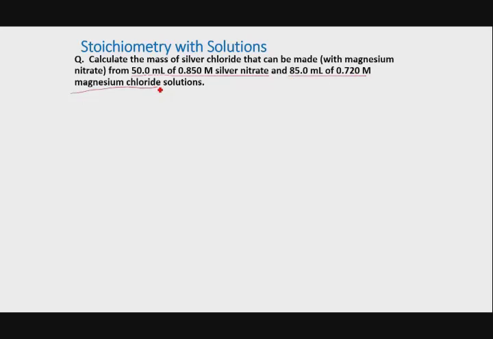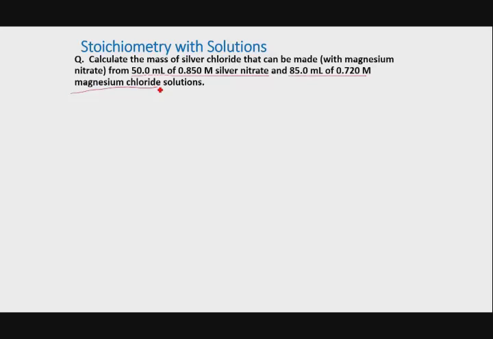Now, first thing that I want to emphasize: when we were talking about dilution, we said it is a physical process because the solutes of those solutions were the same in the two solutions mixed together. Here, on the other hand, please note, it is not a physical process. It's a chemical process, because the solute in the first solution is not the same as the solute in the second solution.